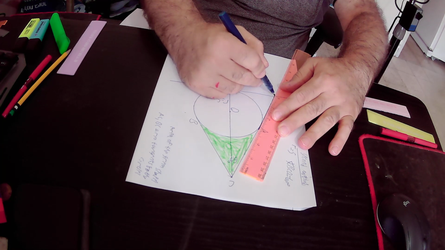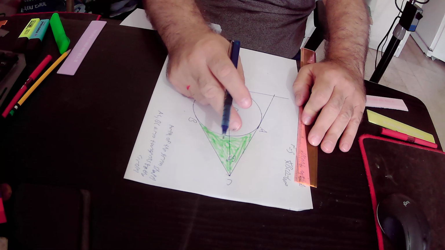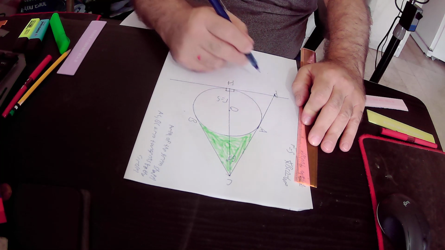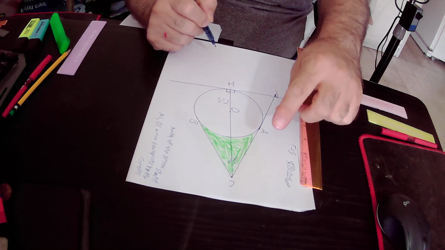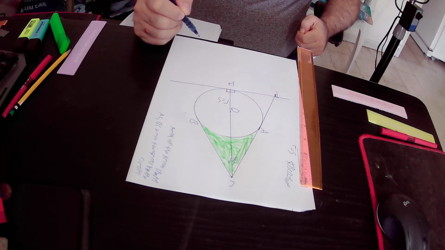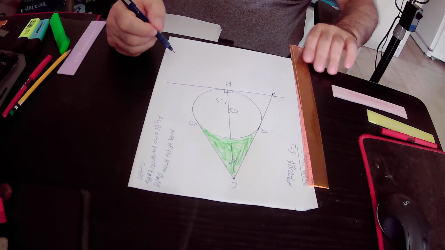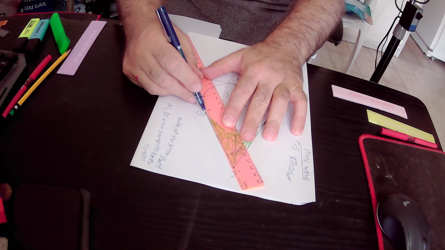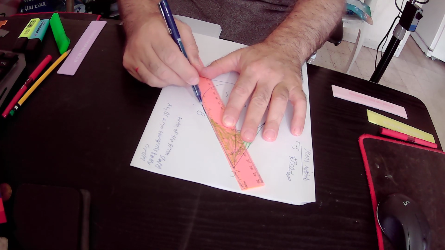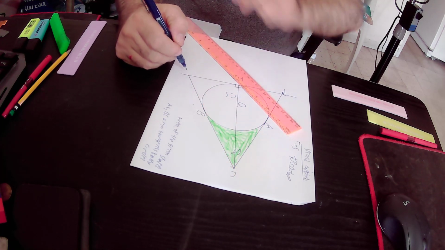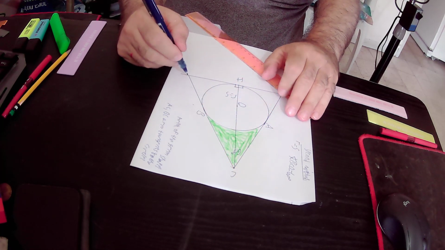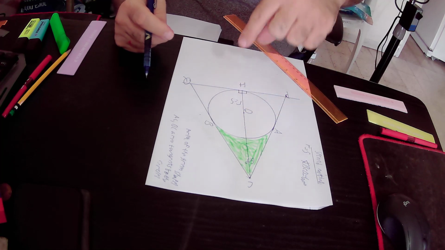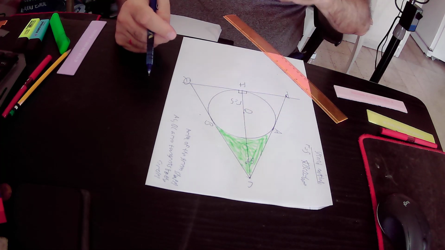The intersection point between the tangent and AC will be defined as point P. Then we will also extend line segment CB until it intersects with the tangent, and we will define the intersection point as point Q. Again, point Q is the intersection point between CB and the tangent PH.